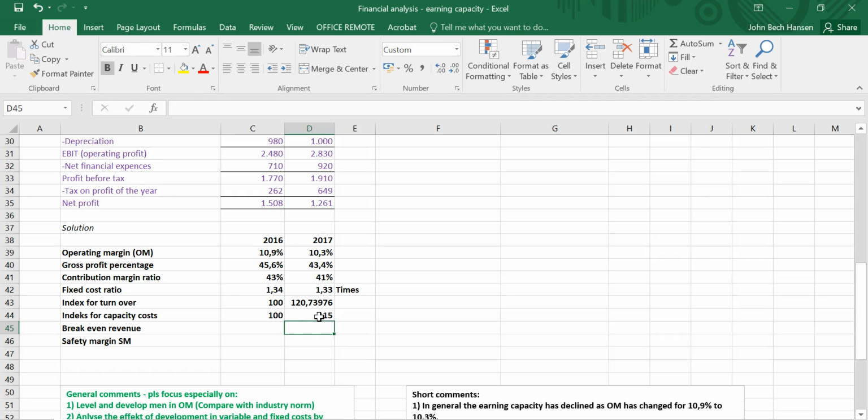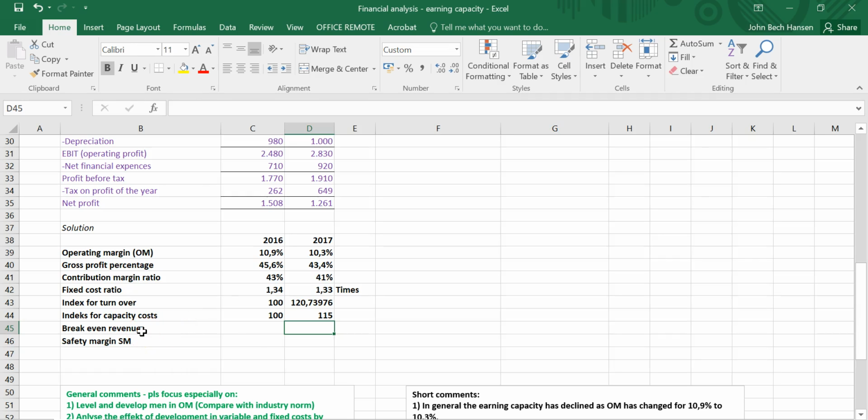Be aware, traditionally, we see that the capacity costs are changing slower than the turnover. And this is, of course, a good thing when we increase the turnover. However, if we see a decline, we will see that normally capacity costs are not declining in the same ratio because it takes time to change them. Okay, but a good thing here is that capacity cost is slower in increasing, and it supports the first impression that sales and purchase, we have to look at that.